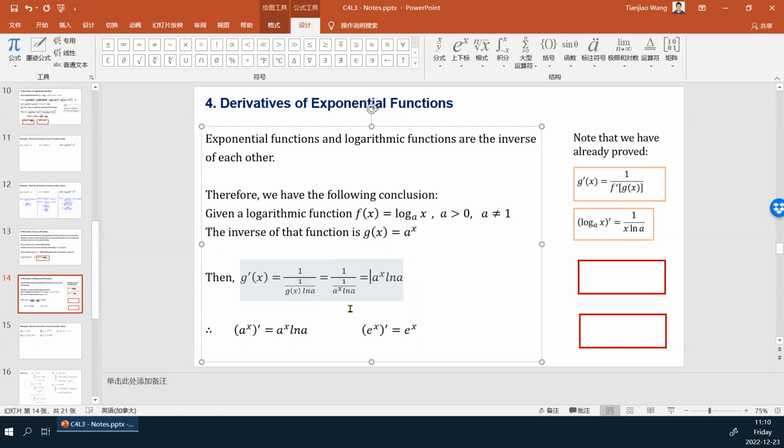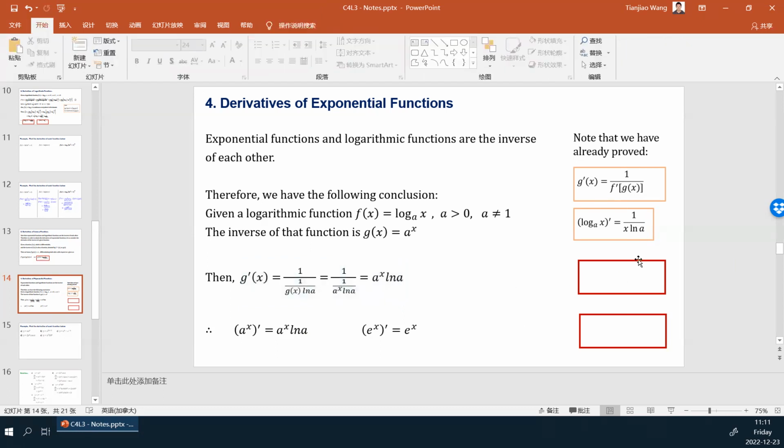1 over 1 over a to the power of x times ln a. This gives us a to the power of x times ln a. Can you see that? That means the derivative of this function, a to the power of x, equals the right side, a to the power of x times ln a.